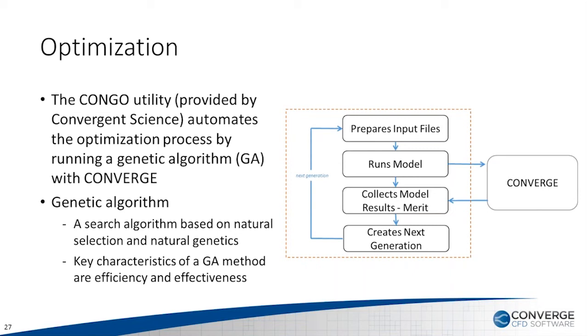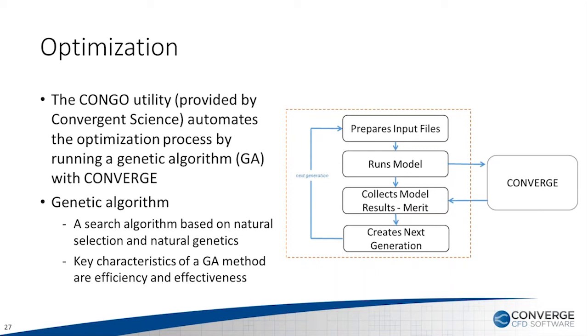On the right is a flow chart. Once you have the input file set up for Congo, Congo will automatically launch CONVERGE for all the conditions. Once CONVERGE is done, it collects all the results and evaluates them compared with the target. Basically, it's shown as a merit function or merit value.